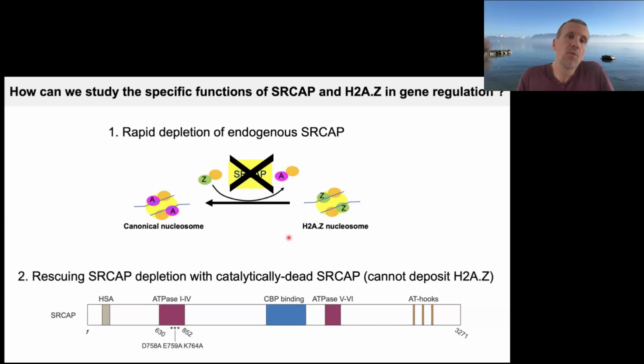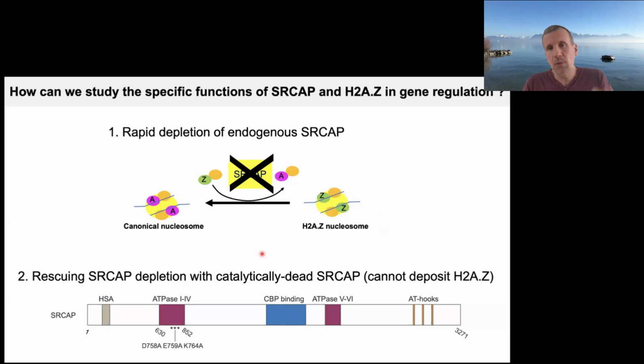So we reasoned that if we could rapidly deplete SRCAP, we would shift the equilibrium of H2A.Z nucleosomes toward the canonical nucleosome, and that this could allow us to really study the function of H2A.Z versus H2A, as we swap both types of nucleosome in the same positions.